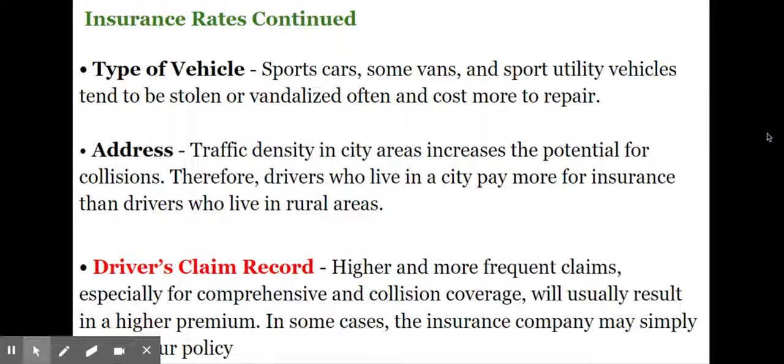I know a lot of people who live in the city and still claim that they live in the suburbs with their parents to get lower rates, which, it happens. And then the claim record: more frequent claims, especially comprehensive and collision, meaning, well, collision, we already know, means you're at fault, is going to result in a higher premium.